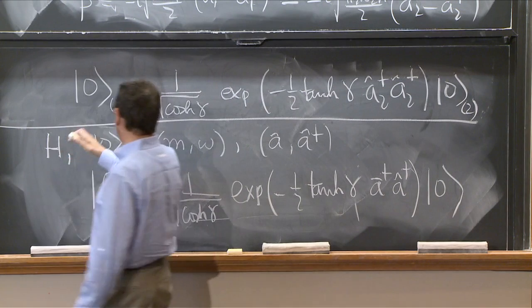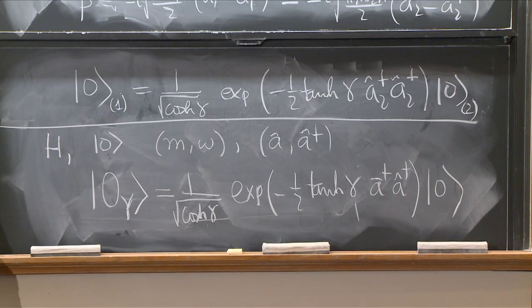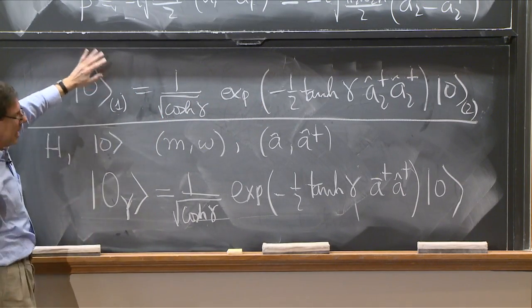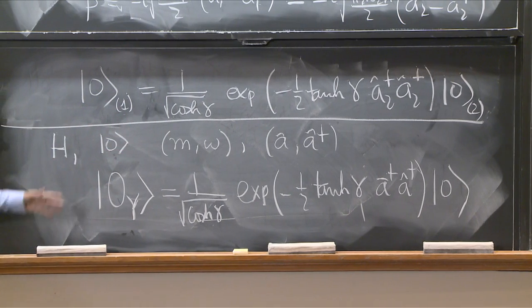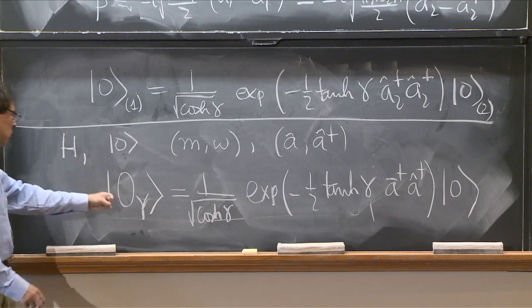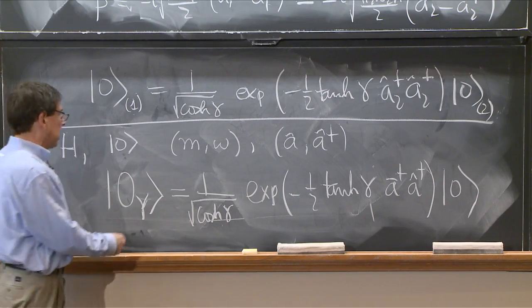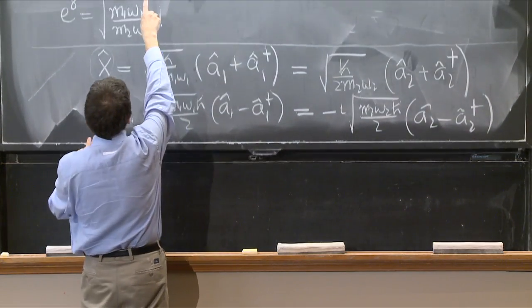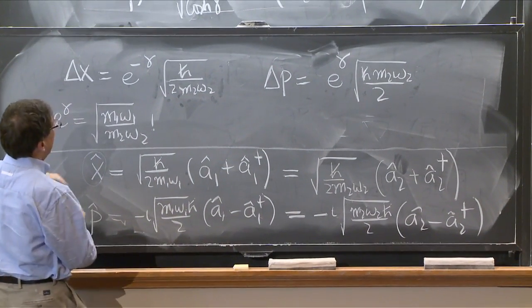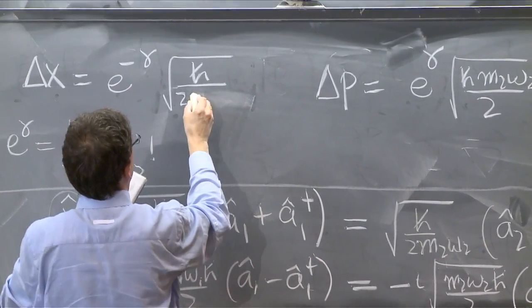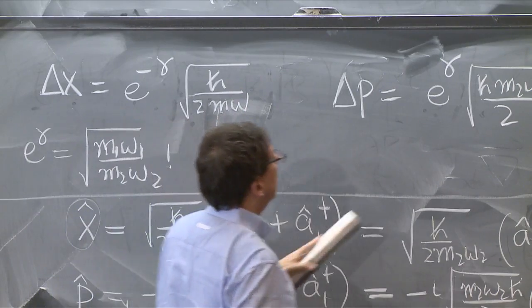A single system, the ground state, and now we've defined this state, which is what we had there before, but we don't think of it anymore as coming from some other Hamiltonian, but rather this is a state on its own. It's a squeezed vacuum state, and from the computations that we did here, the delta x for this state would be e to the minus gamma times the square root of h bar over m omega.